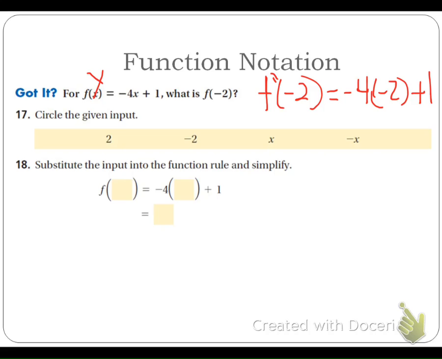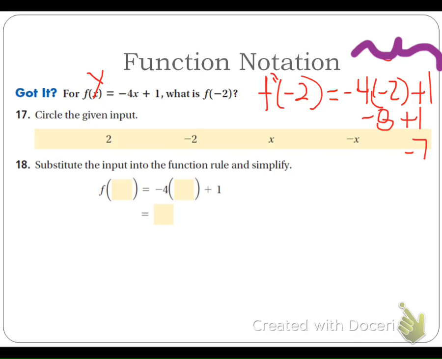And now this is all numeric, so I use my order of operations to simplify it. Well, negative 4 times negative 2 equals negative 8 plus 1 equals negative 7.